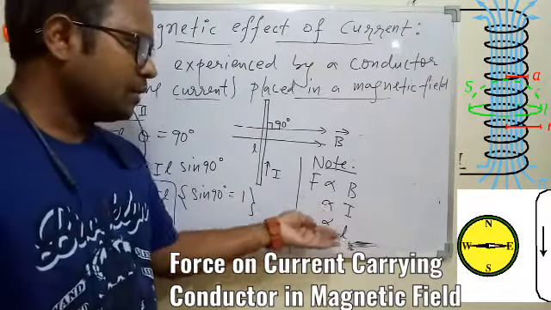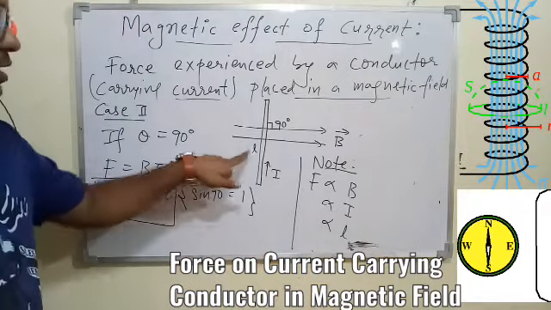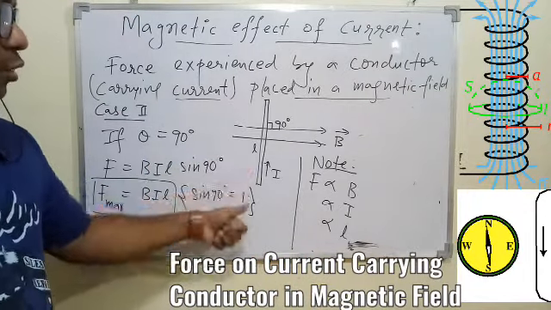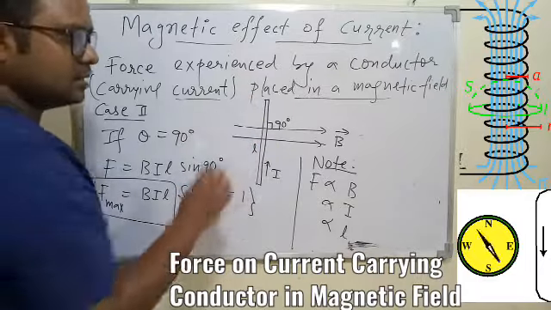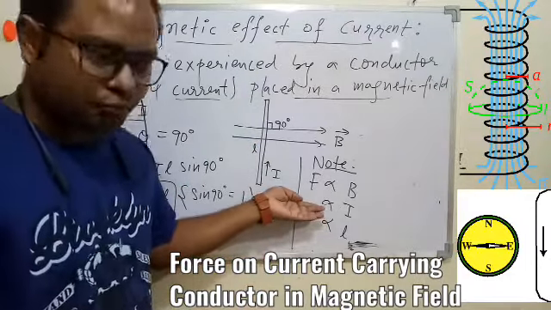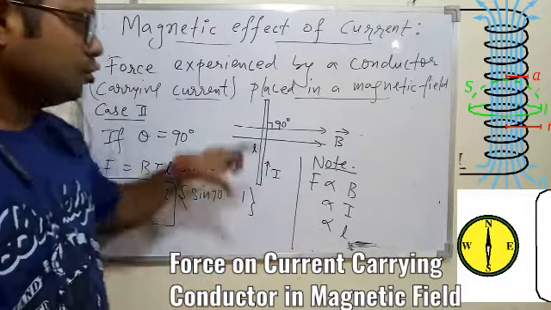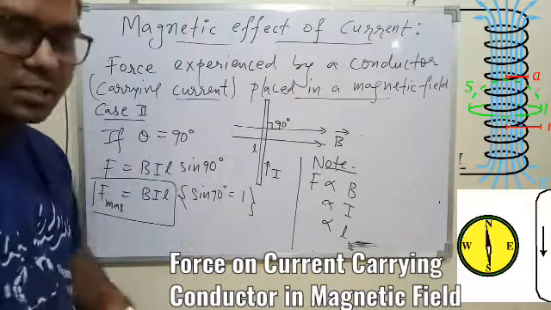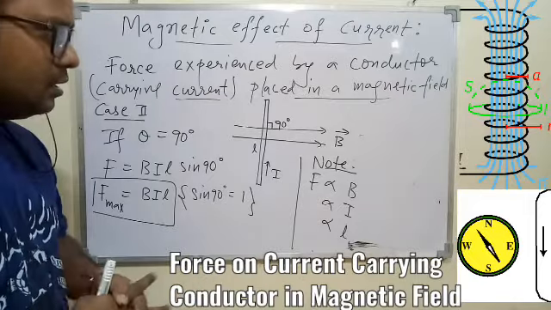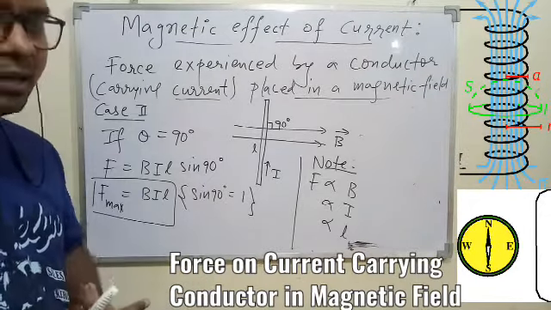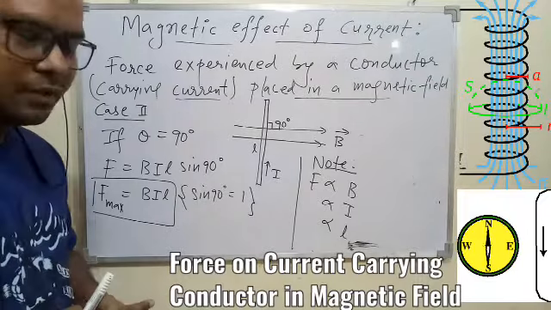I, we know if I will increase, then this conductor will have a good strength of magnetic field. So with the increase in the current in this conductor itself, it will become a better magnet. So it will again get more force, and length also. So once you increase the length, it will have a longer space which is covered by it, and a longer magnet, and with the increase in the length of the magnet, again the force experienced by it will increase.